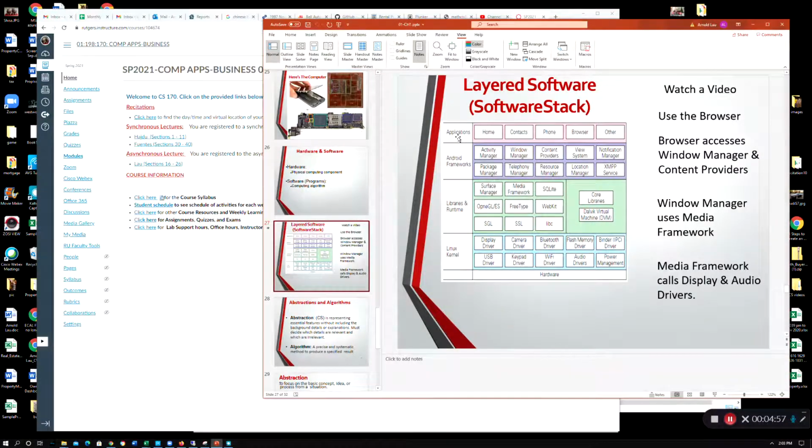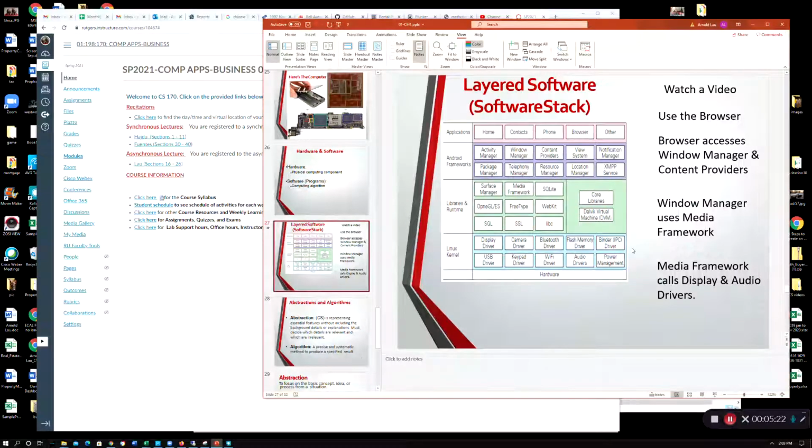But that's obviously not where all your work is happening. The lowest level is the hardware, here at the bottom. That's the actual physical computer, but you need some software on top of that hardware for it to be able to do things. That's where you get into what we consider operating system level software.